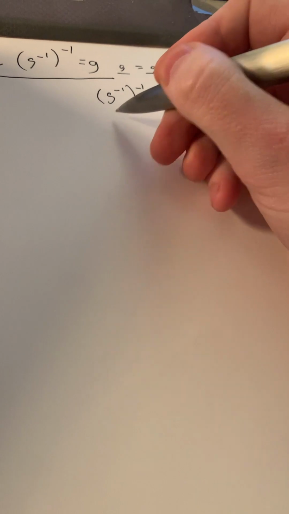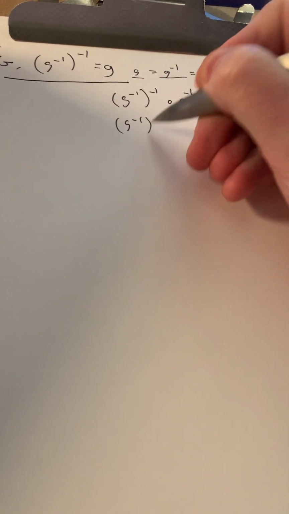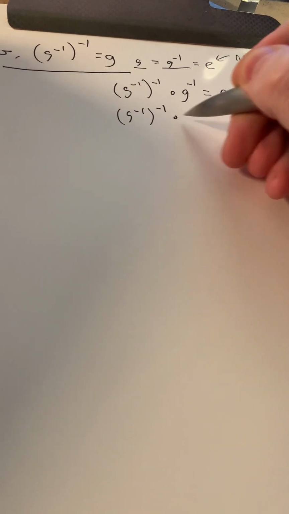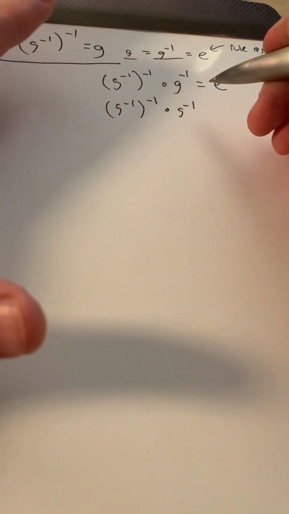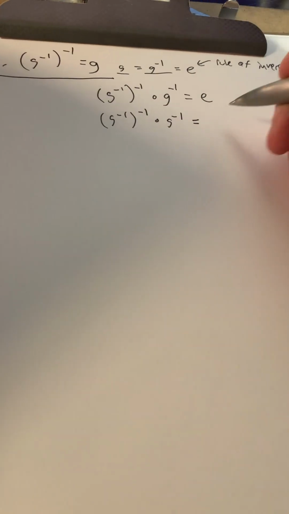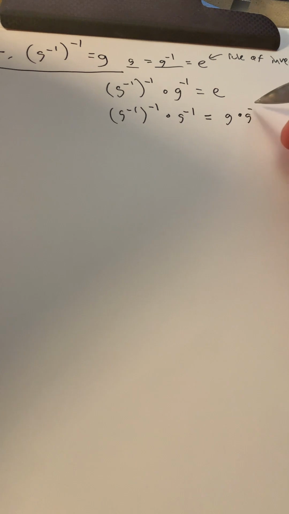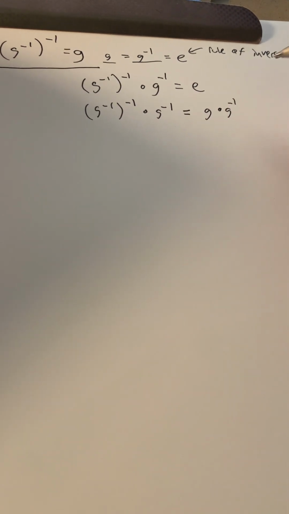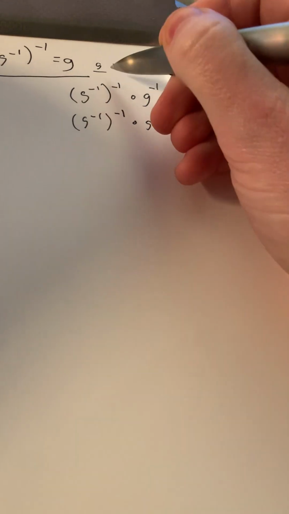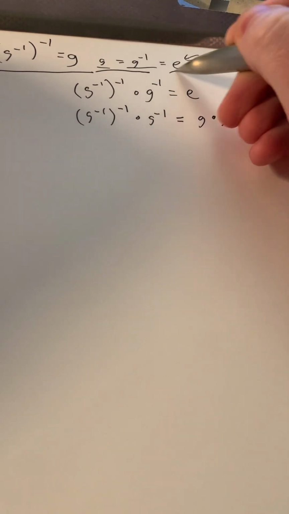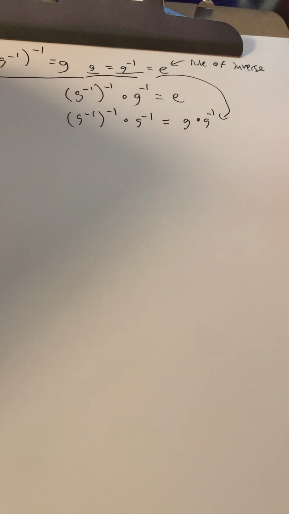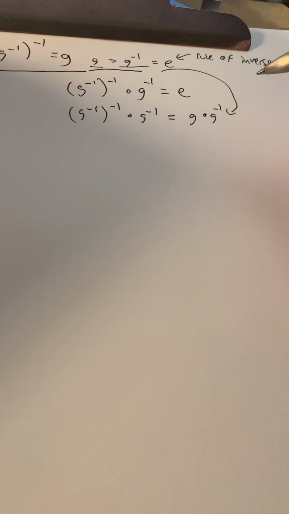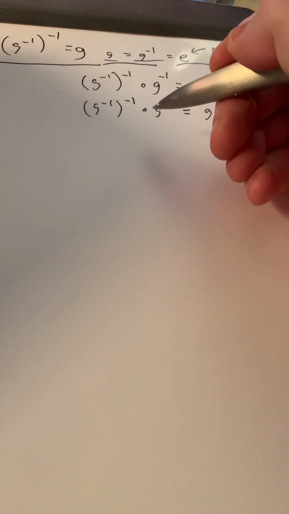From here, G inverse composition G inverse. I'm not even going to touch the left-hand side. This is just equal to G composition G inverse. Again, this is just the rule of inverse. This whole thing all over again. Now comes again a basic maneuver.